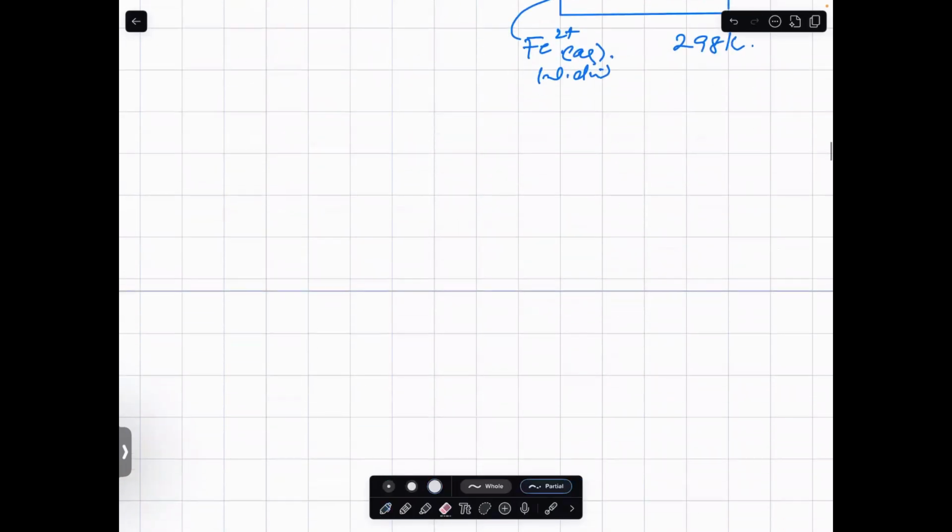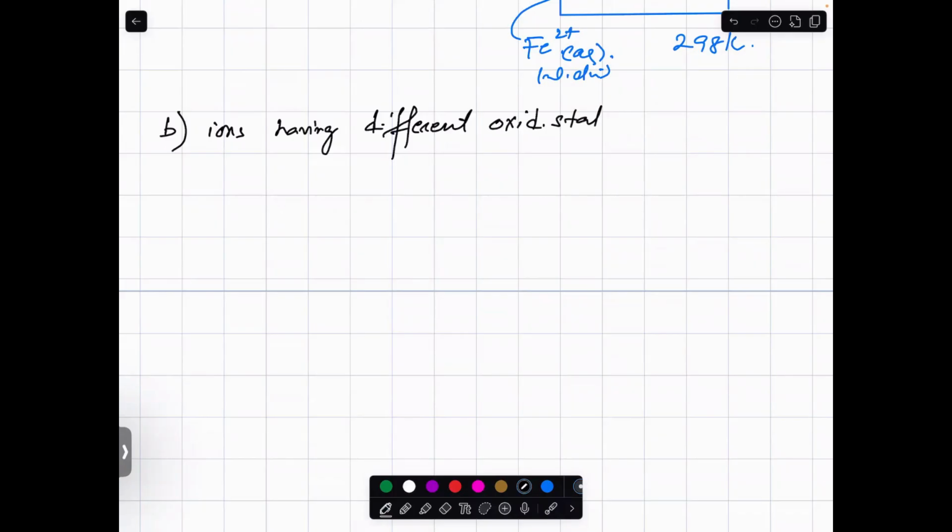What is the second case? Ions having different oxidation states.